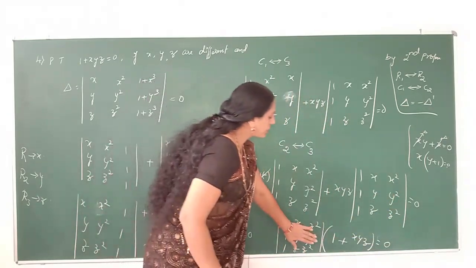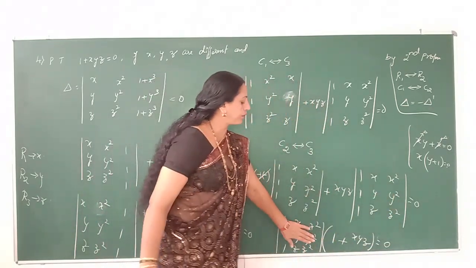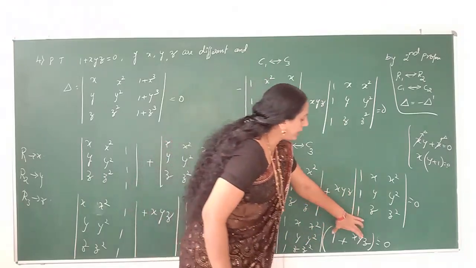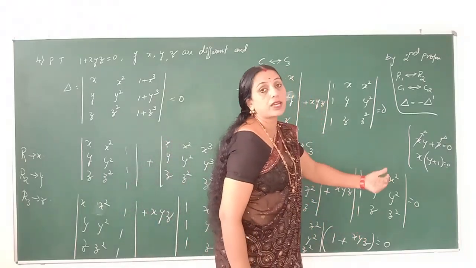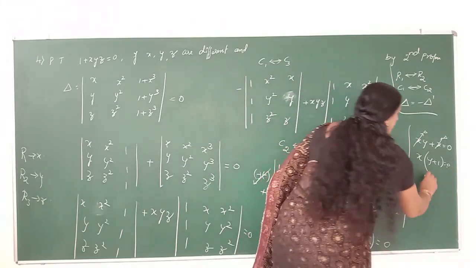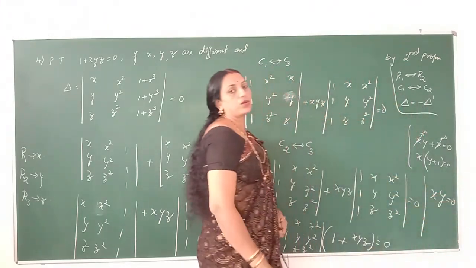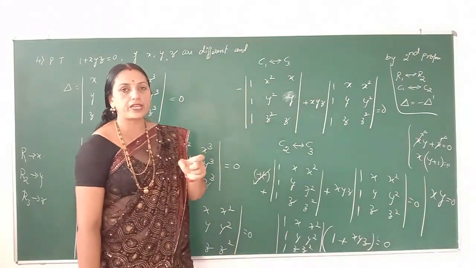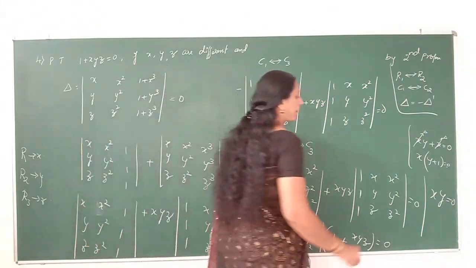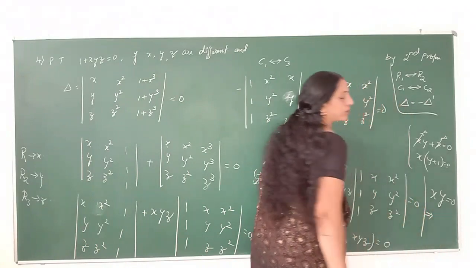Now these two are in the form where the whole determinant is one element, and 1 plus x into y into z is another element. Now these are in the form of a product of two terms equal to 0.